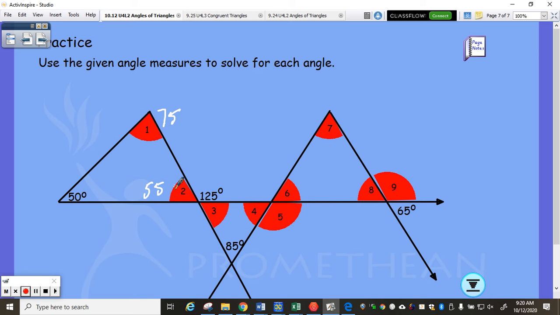So again, you could have gone that route and added these two together and subtracted from 180. But what's the relationship between angle 2 and angle 3? What do we call them? Vertical. So they're vertical angles, so 2 is congruent to 3, so 3 is 55 degrees.